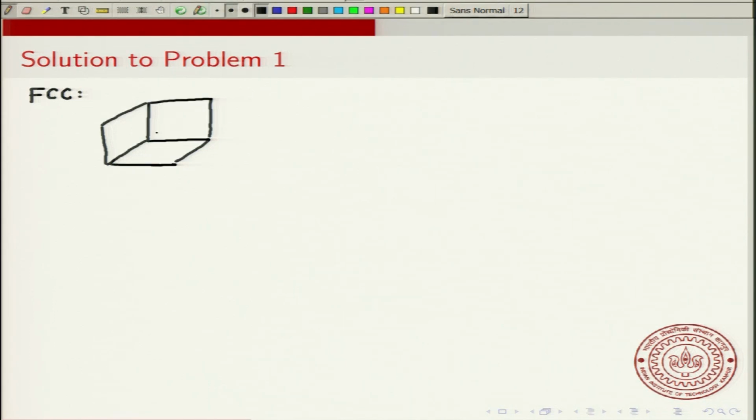So, I can take this and this as my primitive translation vectors.